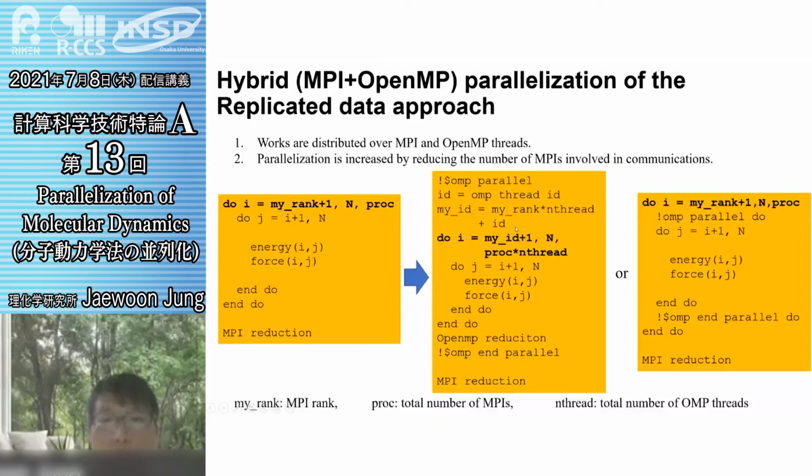This is one way. Or the first do we can distribute over MPI rank, and the second do can be parallelized by OpenMP.